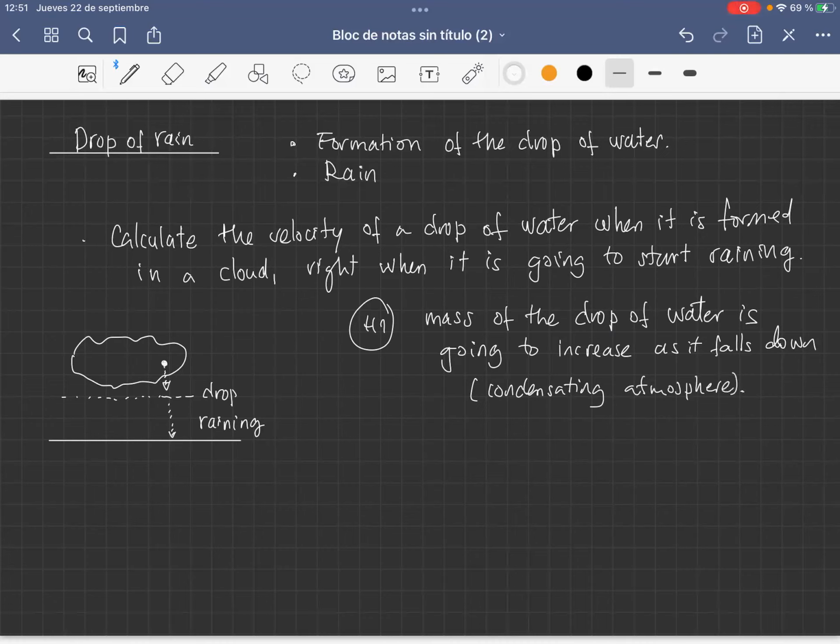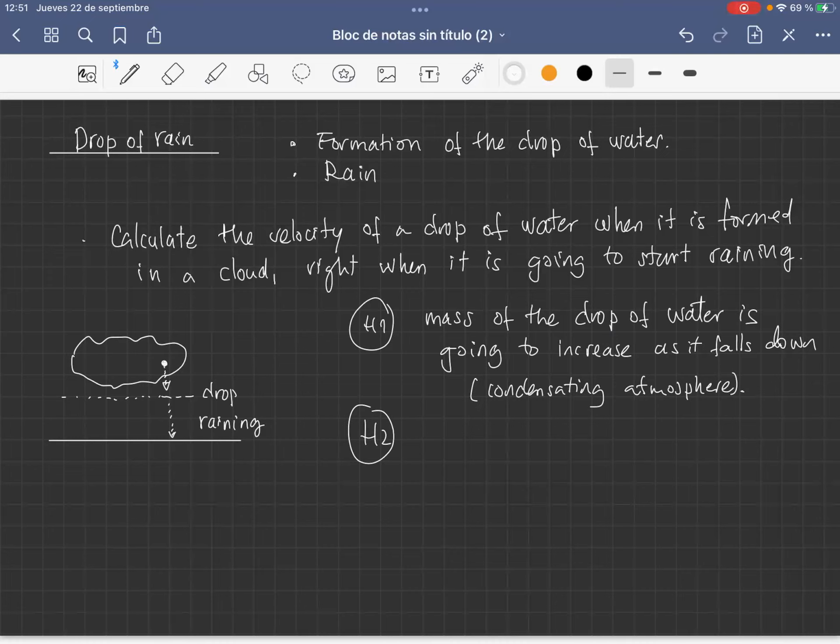Okay. Another hypothesis is that the variation of the mass of this drop that is gaining volume as it's going down is going to be proportional to the surface.